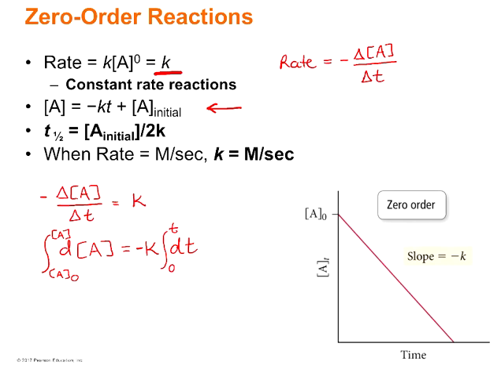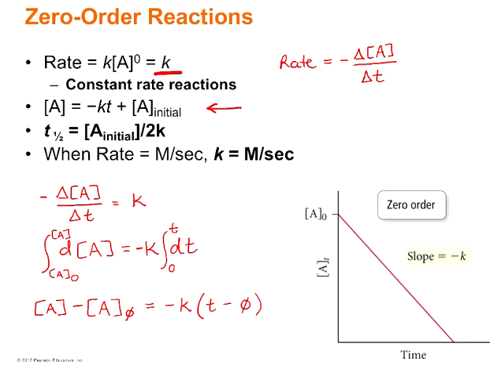All right, so what this will give us is an expression where we have a final concentration of A minus an initial concentration of A. And then that will be equal to negative K times the difference in a final time t minus an initial time 0.